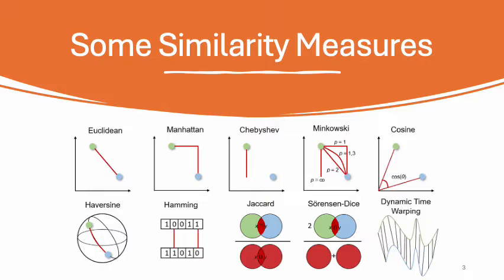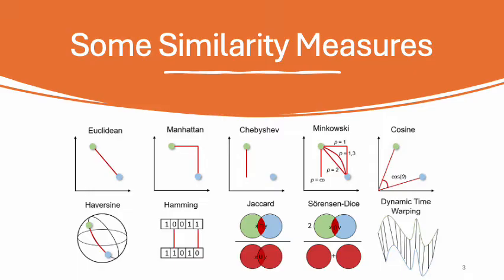Similarly, there are various distance measures like Euclidean, Manhattan, Chebyshev, and Minkowski, each offering a different way to calculate the dissimilarity or distance between points in a space. Euclidean distance, the most common metric, represents the shortest path between 2 points in a straight line.